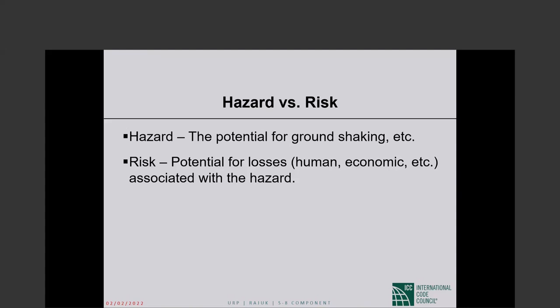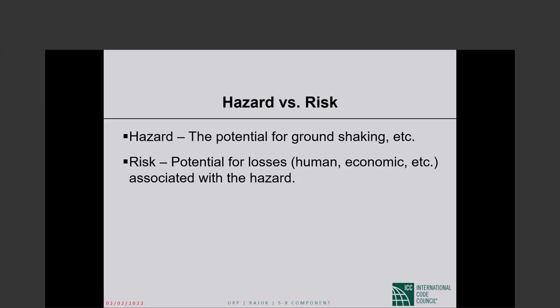And one of those bad things could be ground shaking. That would be seismic hazard. The risk, on the other hand, is potential for losses associated with the hazard. If the bad thing that we are talking about happens, then what is the potential for losses in terms of human lives or damaged property or whatever? Okay, that is the risk.